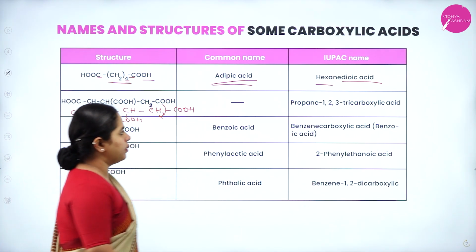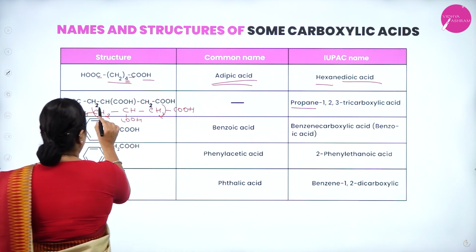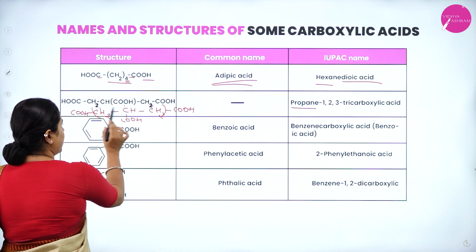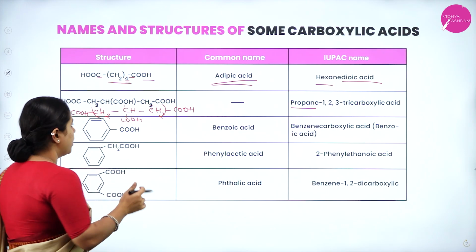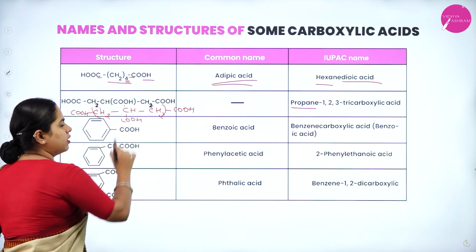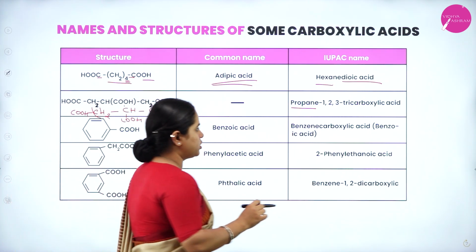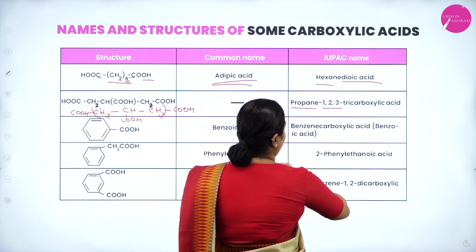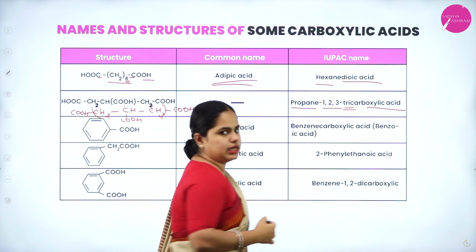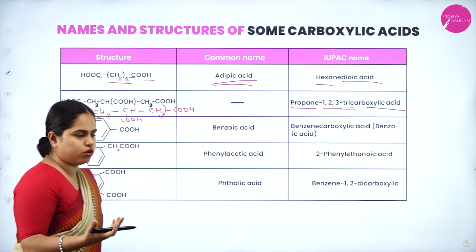So what will be in the name? It will be propane, 1, 2, 3. So it is propane 1, 2, 3 tricarboxylic acid you can write, or trioic acid also you can write.